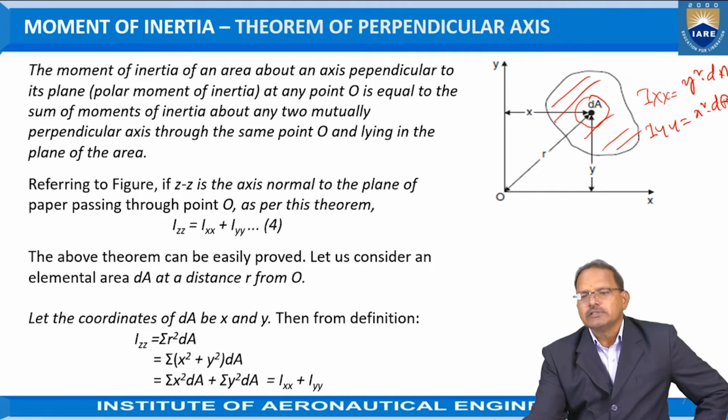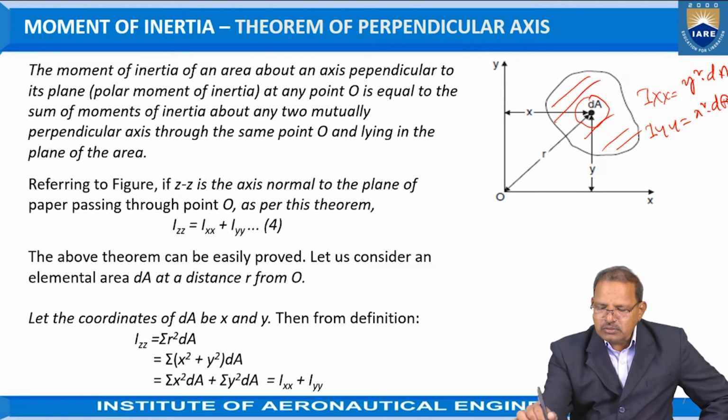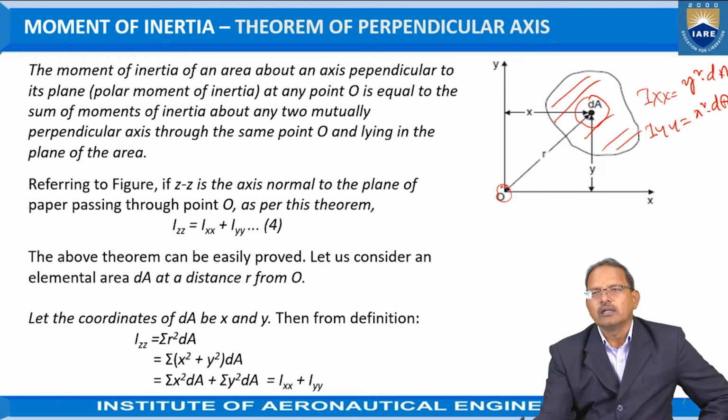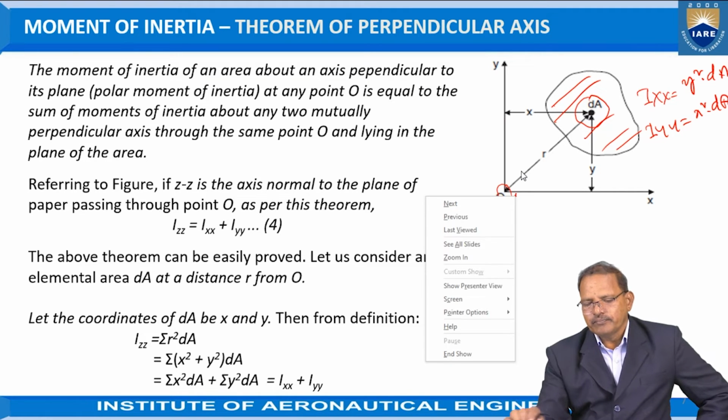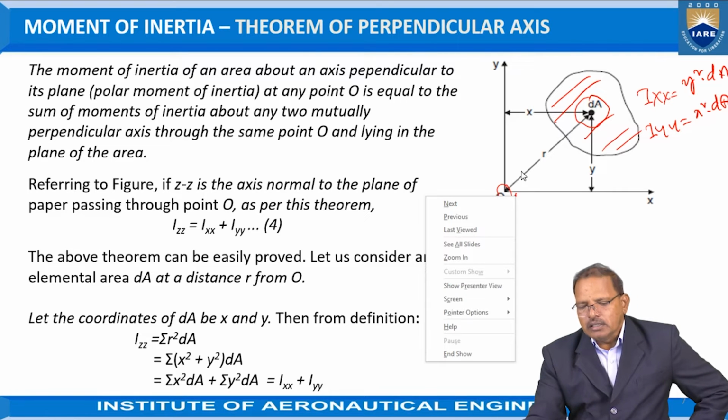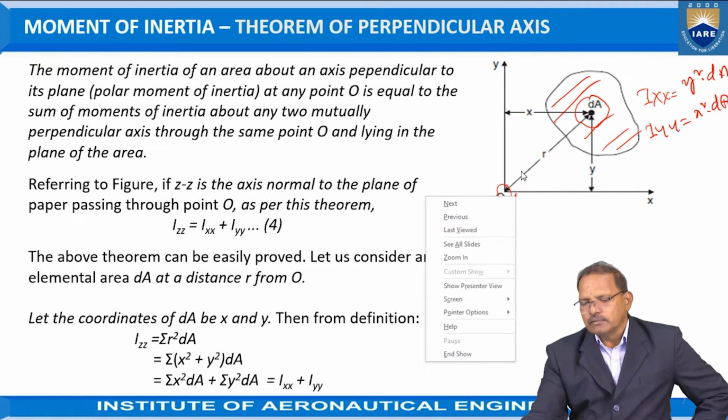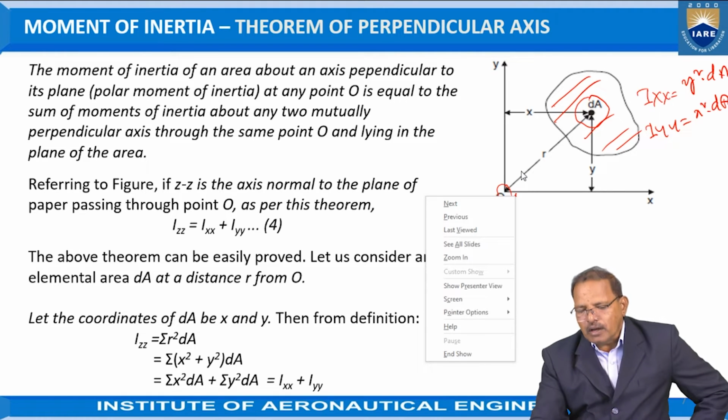The moment of inertia of the same area about an axis perpendicular to the plane and passing through the intersection of the x-axis and y-axis, that means here the origin. I am taking it perpendicular to the plane like this. Let r be the distance between the center of gravity of that elementary area from the origin.